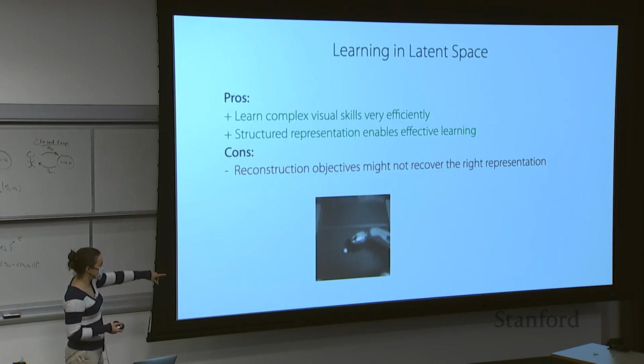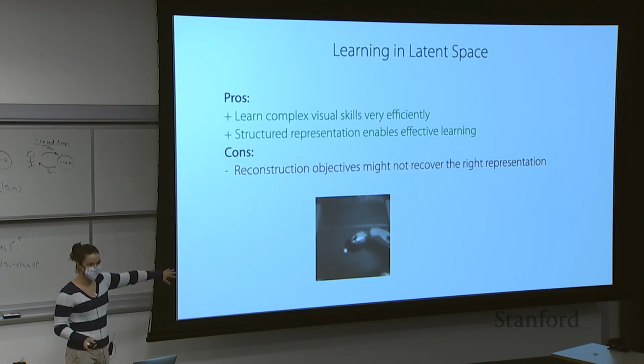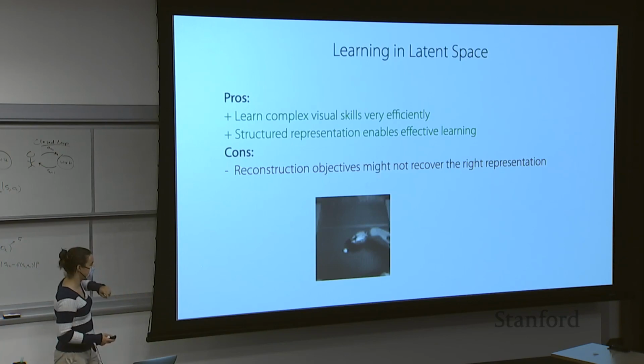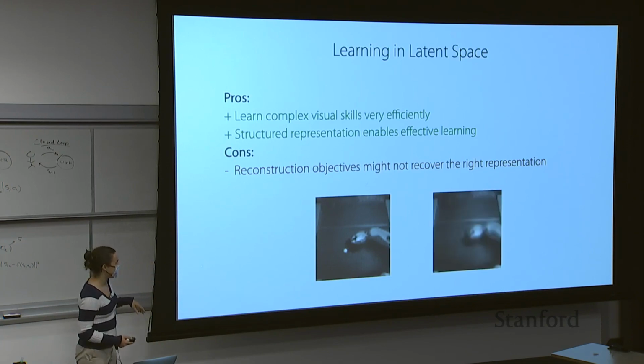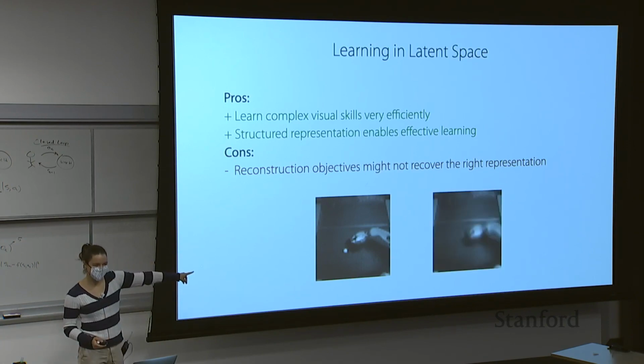This is an example grayscale, low dimensional image from the robot's camera. You can see the ping pong ball in white. Then I tried to train an autoencoder on this data, and what I got was a reconstruction that looks like this.